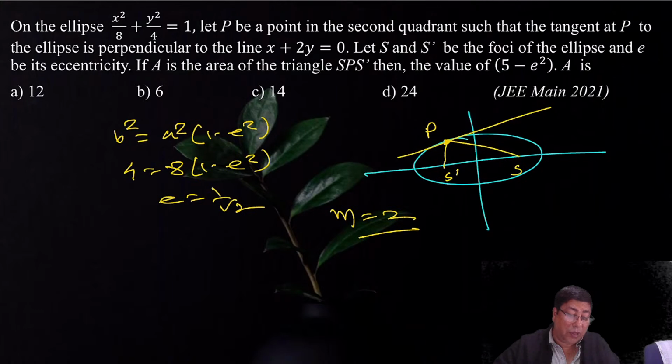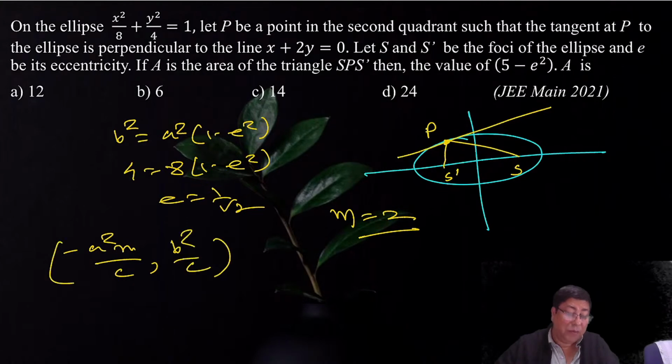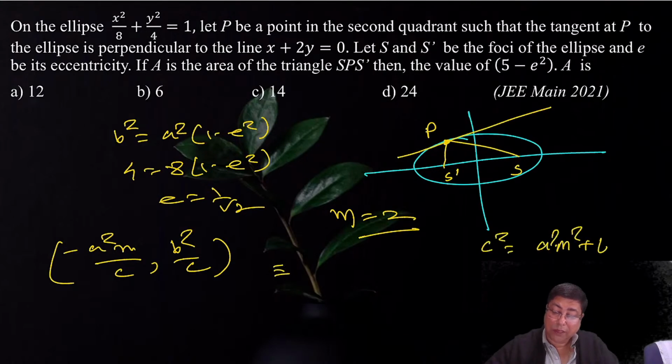And we know that the coordinate of P is (minus a square m by c, b square by c), where c means c square equal to a square m square plus b square. All these are the short theories which you have to keep in mind. Then only in the entrance examination can we solve the sum very fast. Since it is in the second quadrant, that's why the x coordinate is negative.